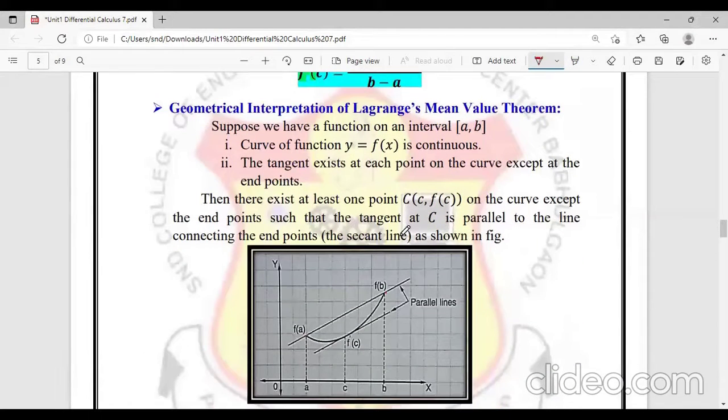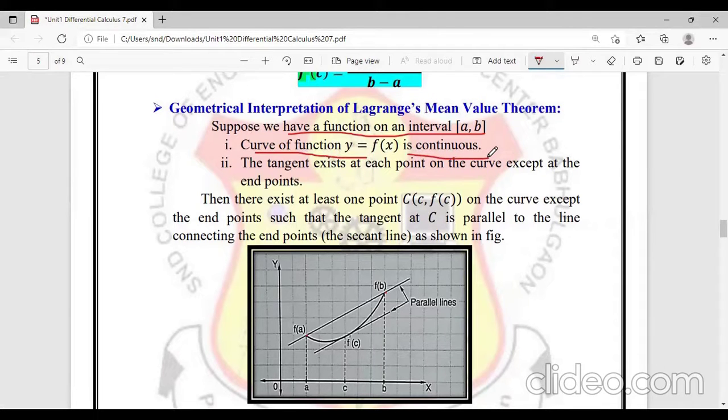Next, see the geometrical interpretation of Lagrange's mean value theorem. Suppose we have a function defined in the closed interval AB. The first condition is that the function is continuous, which means that the curve y equals f of x is continuous.